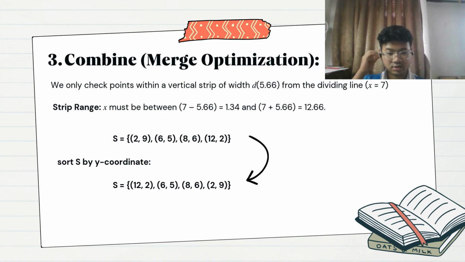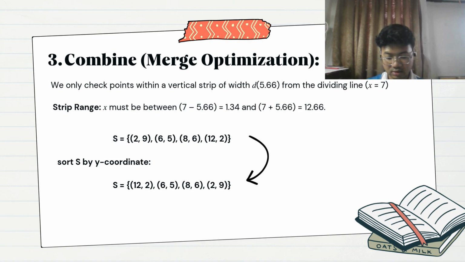Based on the dataset we got before, we need to ignore 2 points that are out of the range. So basically we have 2,9, 6,5, 8,6, and 12,2. By the coordinates, we then sort them again in ascending order by the y coordinate.